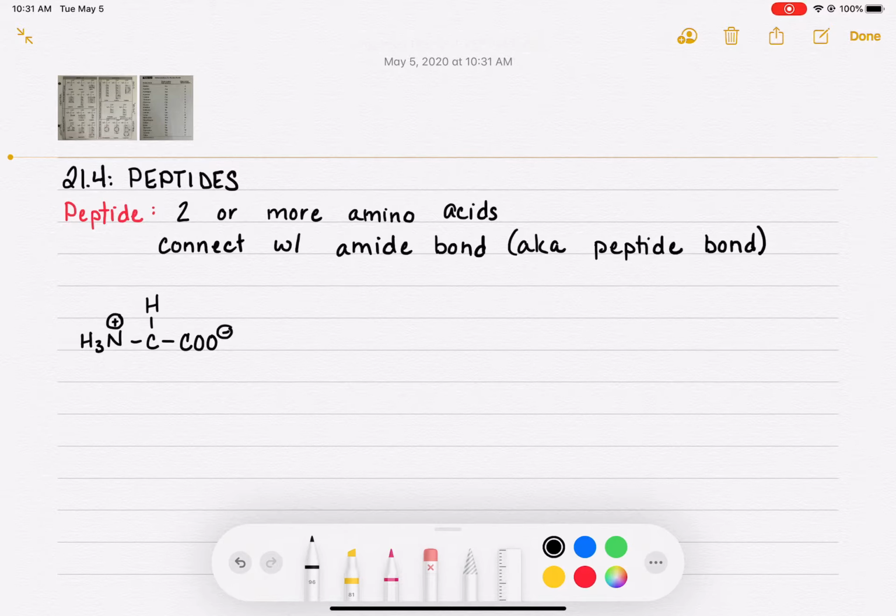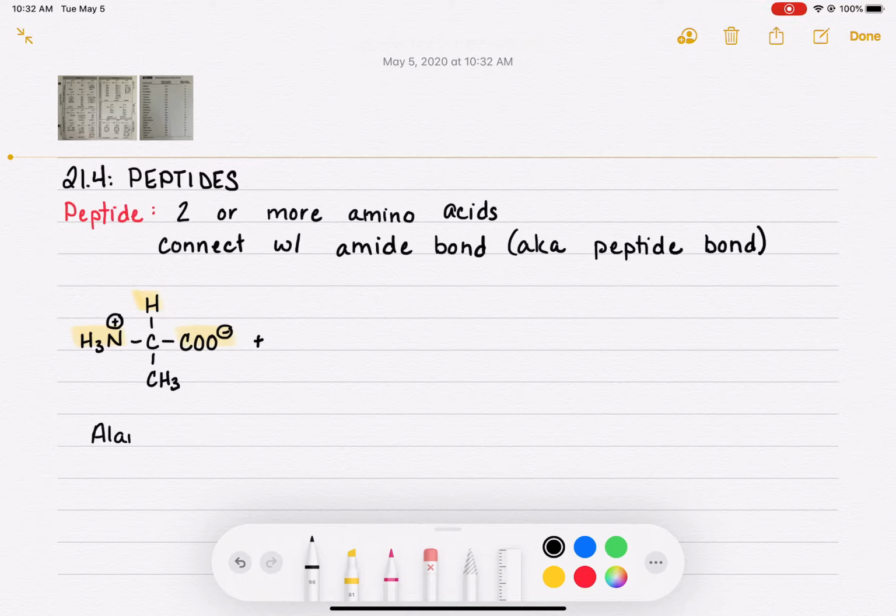We're just drawing everything as a zwitterion. And in this section, you're going to see why I prefer to draw my amino acids a little bit differently than the way that they're drawn in the tables, because drawing them in this format with the hydrogen up top and the acid group on the right and the amino group on the left is going to make this really easy. So here's our first amino acid that we've drawn.